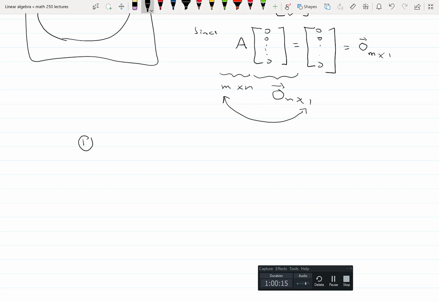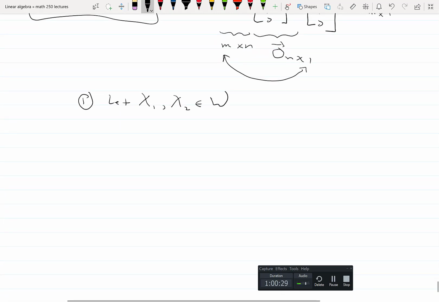Closure under addition and scalar multiplication. Pick two elements in W. What do they look like? They look like column vectors. Let's let x1 and x2 be in W. That means x1 and x2 are solutions to the homogeneous system. We need to write that out.